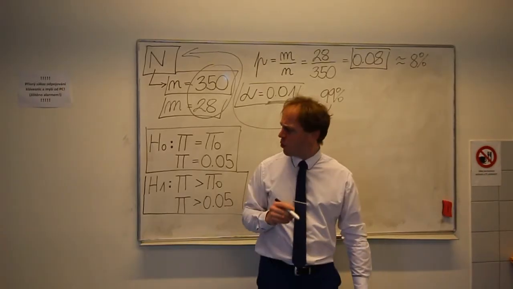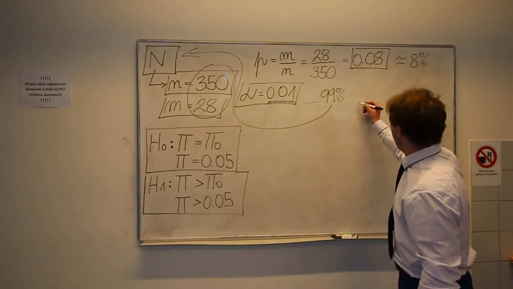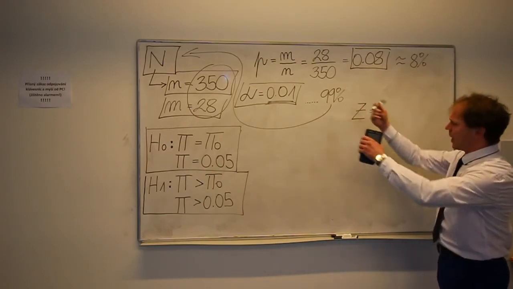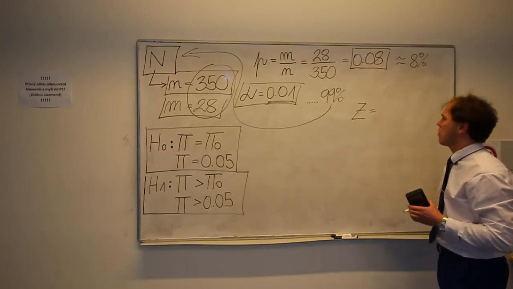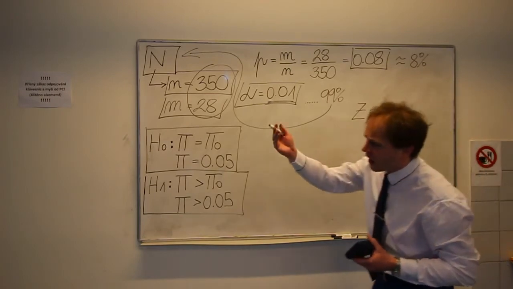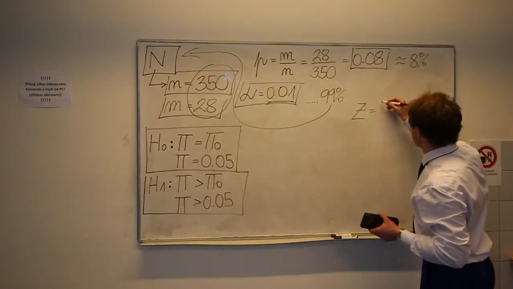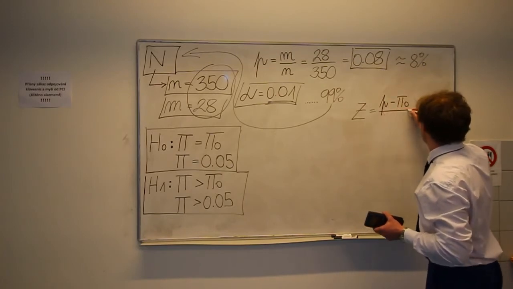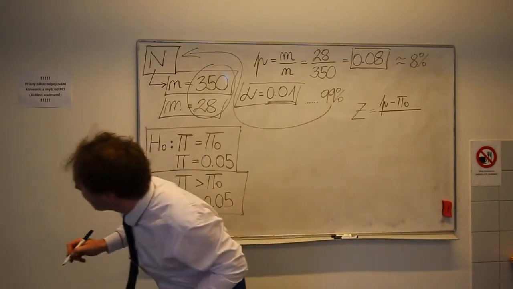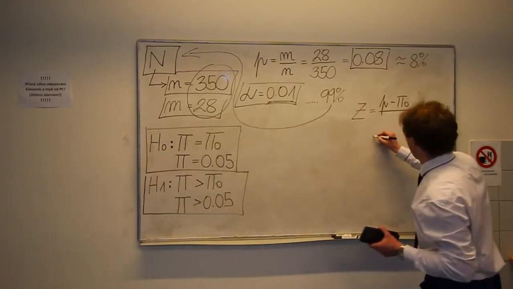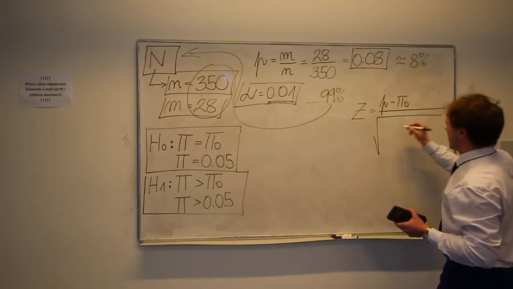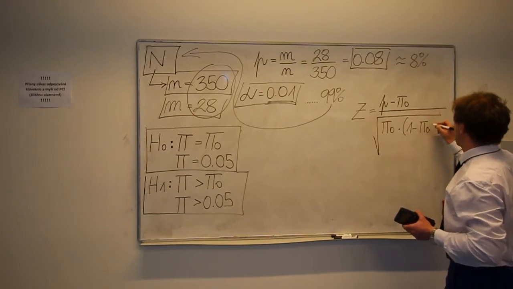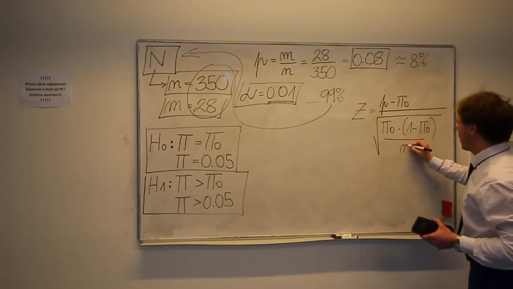We will continue with the test statistic, which is only one in this situation. Its distribution is standardized normal, and in the numerator we have p minus p0, divided by the square root of p0 times 1 minus p0, divided by n.